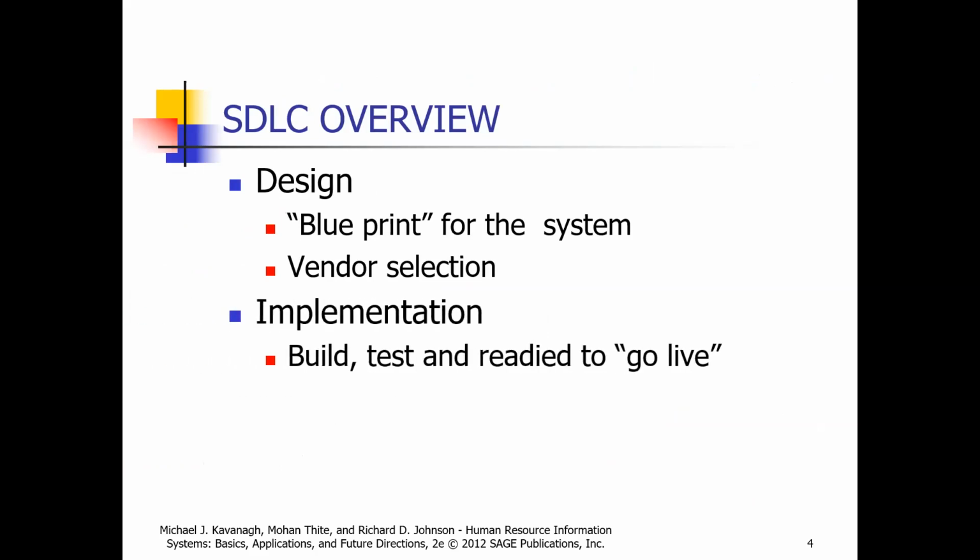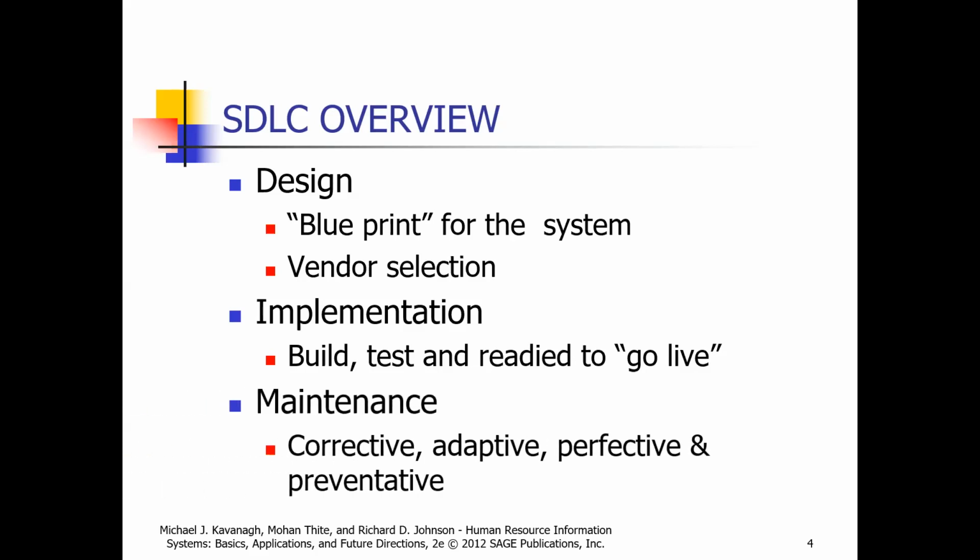Of course, we need a vendor that will be providing the software, because the organization itself will not be producing its own software. And then implementing: build, test, and get ready to go live. It is being made ready ultimately to just go for it.